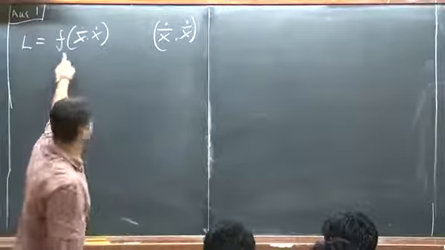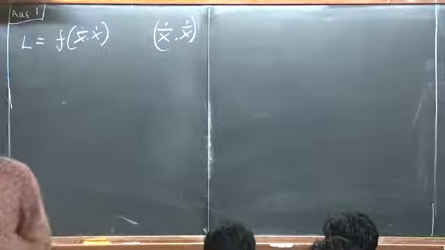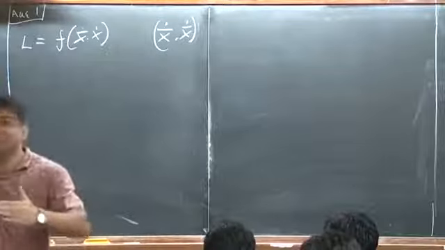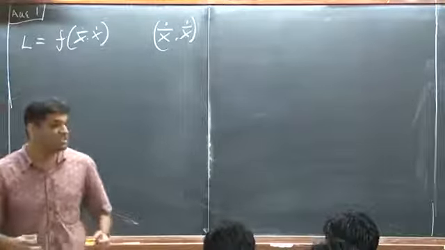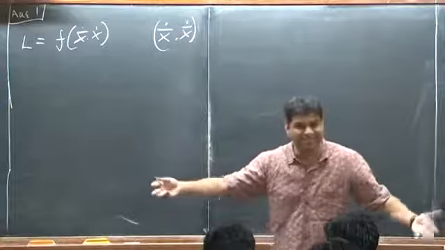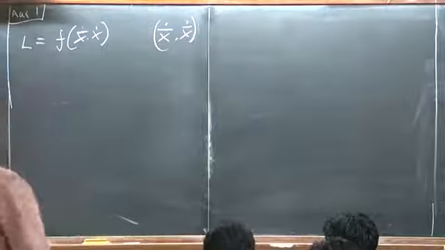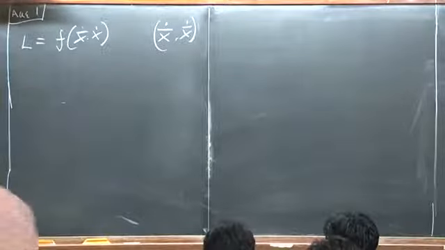But this leaves a lot of freedom in the whole function f of a real variable; that wasn't good enough. Then we applied the Galilean principle. We wanted this Lagrangian to be invariant, up to possible total derivative terms, under Galilean boosts. That is, x dot goes to x dot plus a constant.